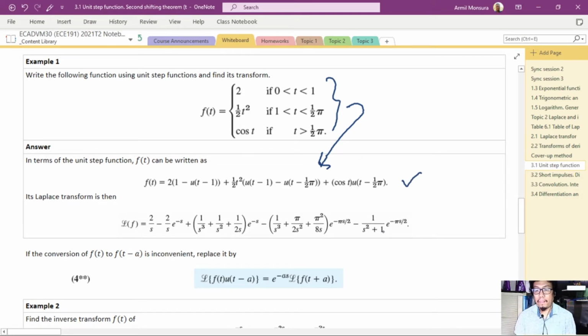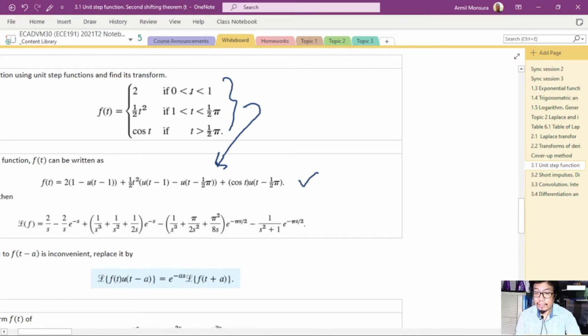Or you may want to try to graph this function using Desmos, as I demonstrated earlier, so that you can verify that these two are the same functions. Basically, you graph this piecewise function.